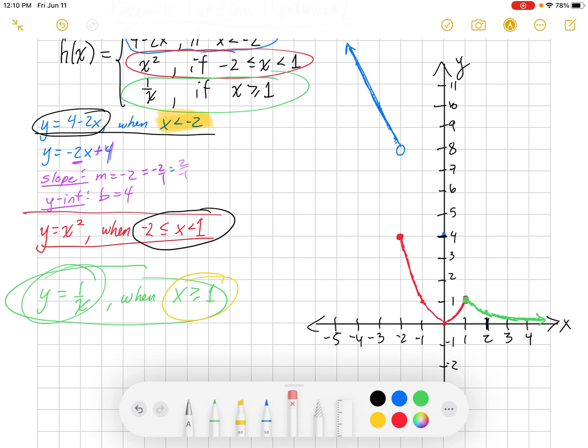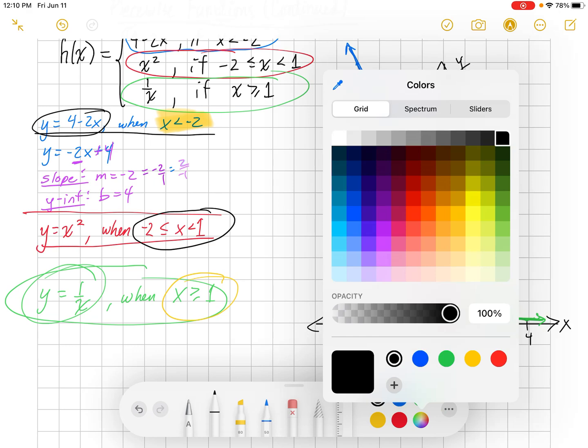There we have it. So we have this blue piece of line. Blue piece of line. We have this red piece of parabola, and then we have this green piece of reciprocal function.